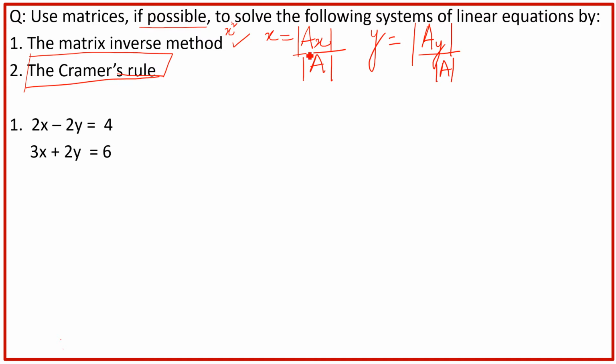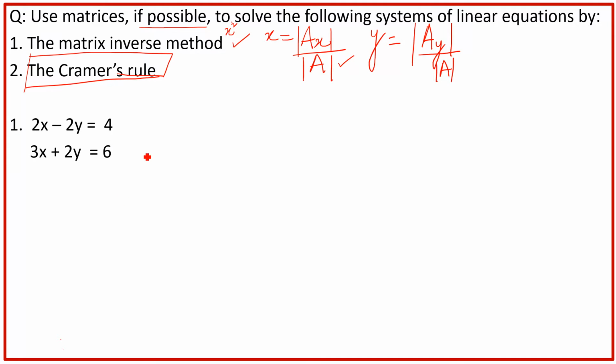It means in this question we should find out the value of determinant of A, and then we have to find out the value of A_x and A_y.